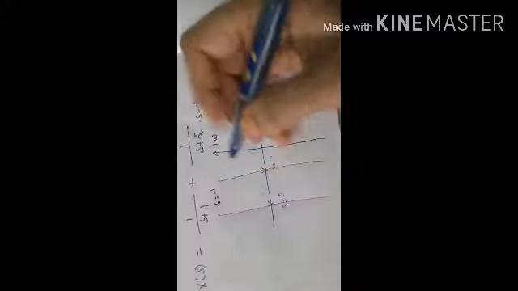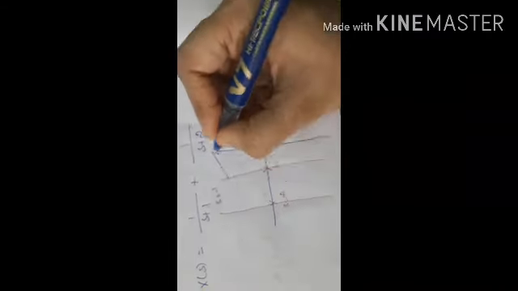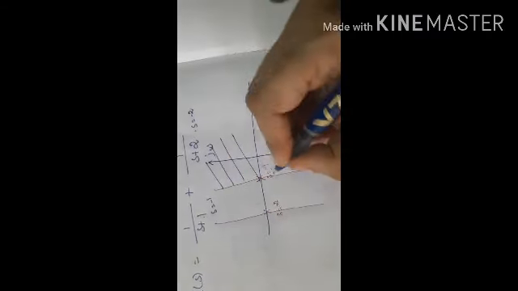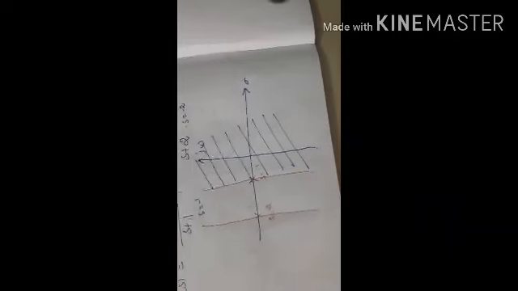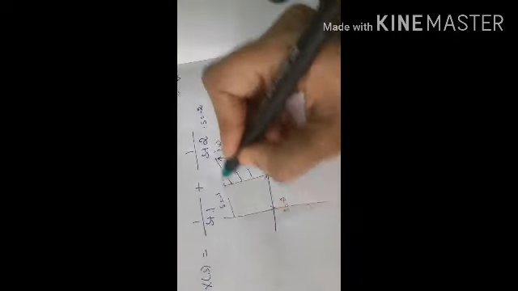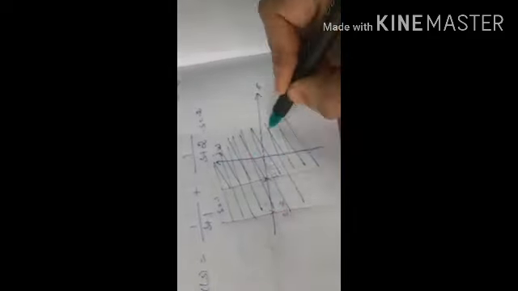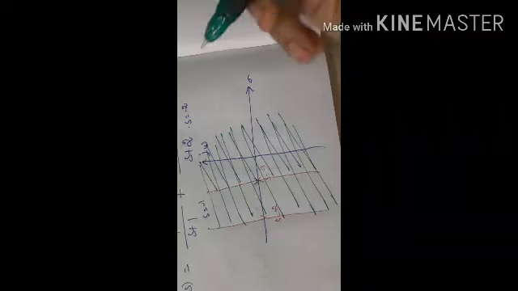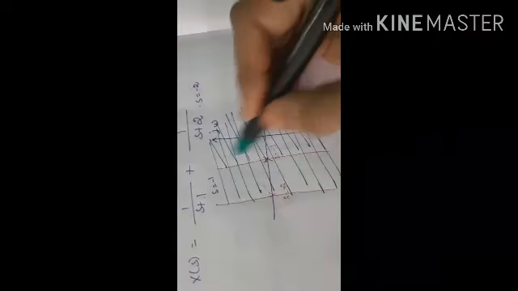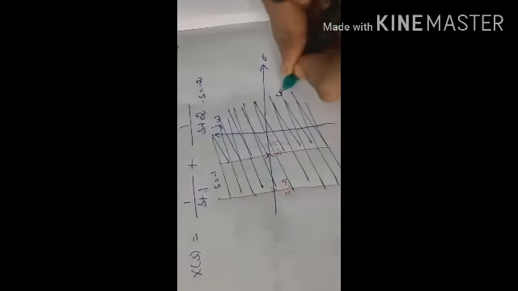For s is equal to minus 1, the region of convergence will be in this direction. For s is equal to minus 2, the region of convergence will be this part. So the common part is this area. This is the common area.